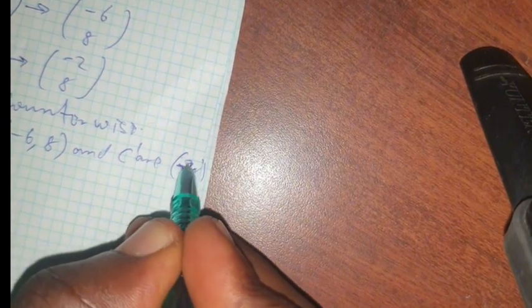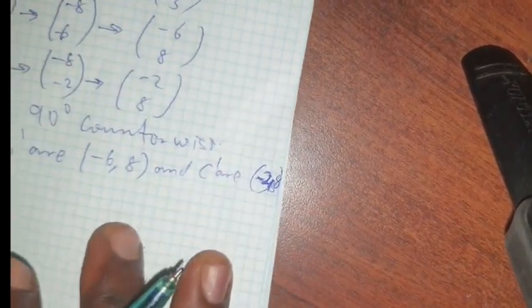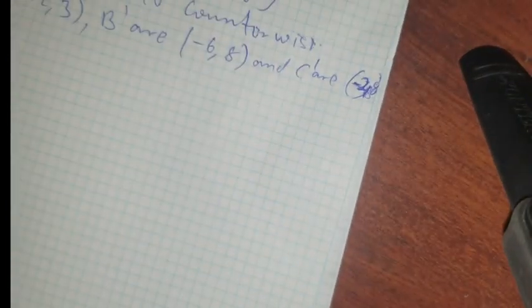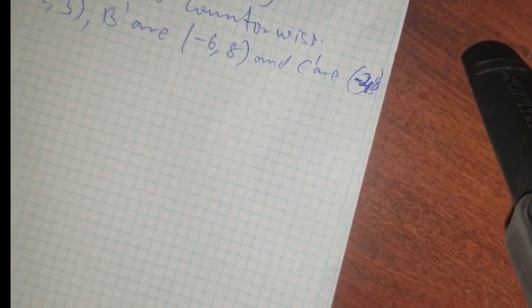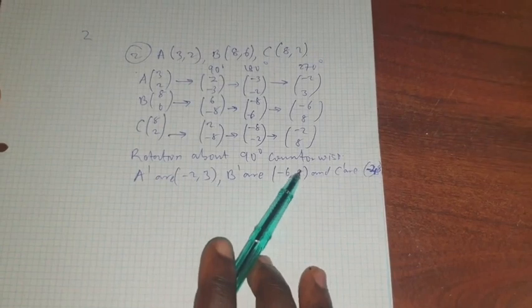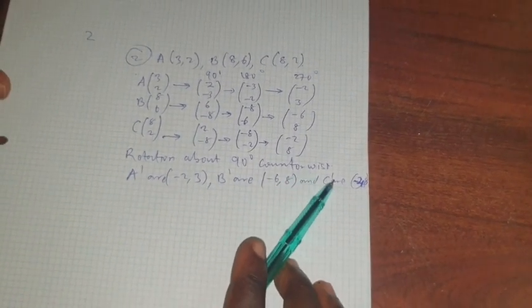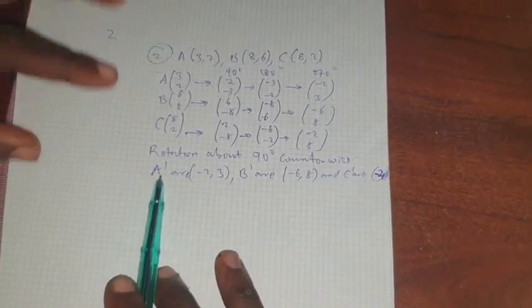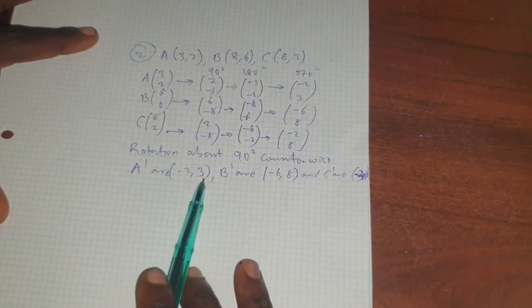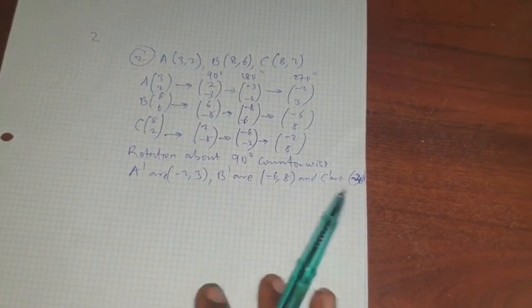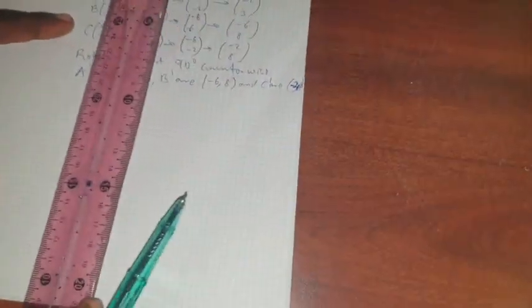So let's now draw the diagram. Minus 2, 8, that is C prime. So let's locate the image. This is rotation about 90 degrees counterclockwise, that is anticlockwise, where A prime is minus 2, 3. So we are now going to use this to draw the graph.